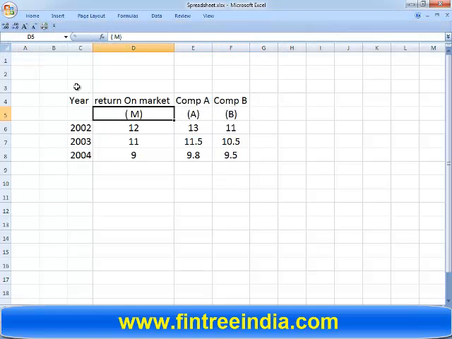Once you've done this, now see, this is where you have to imagine. What does the formula say? How do we calculate covariance?